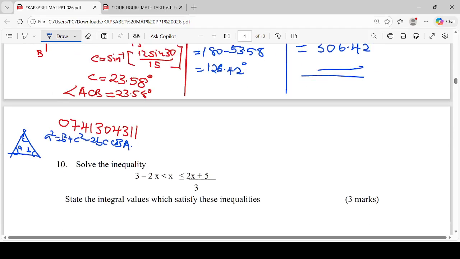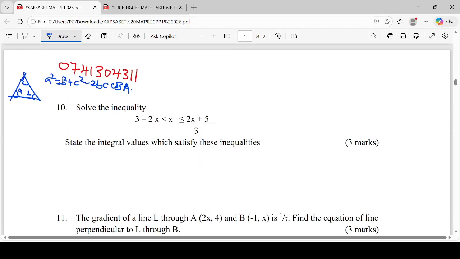Question number 10. Solve the inequality. You've been given 3 minus 2x is less than x, which is less than or equal to (2x plus 5) over 3. So the first part we are going to have is 3 minus 2x being less than x.